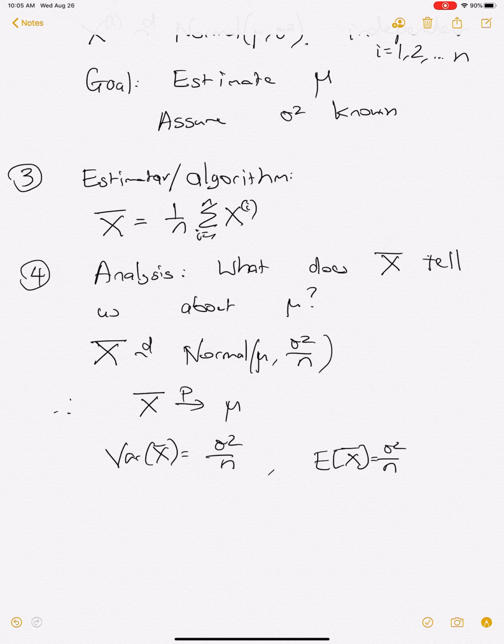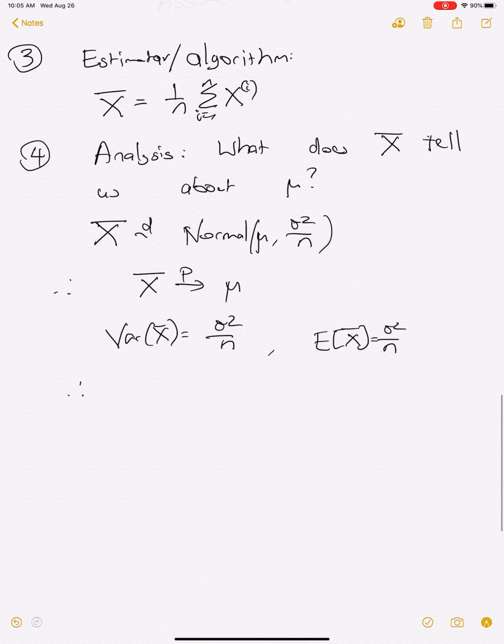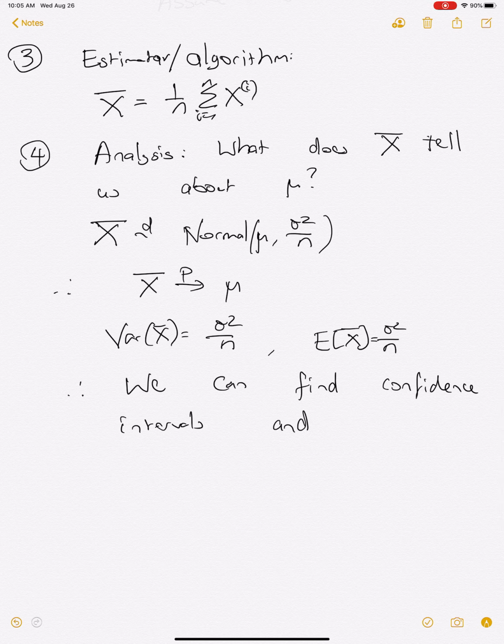We'll even know its distribution. So we can find confidence intervals or do any other inferences.